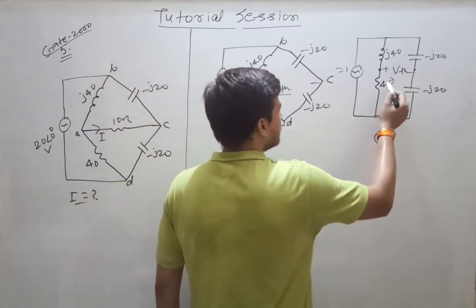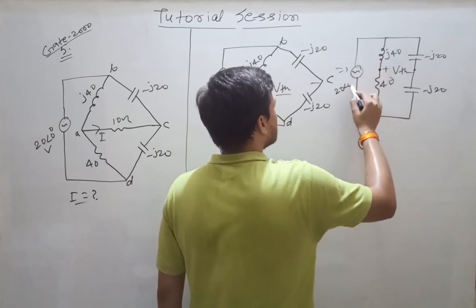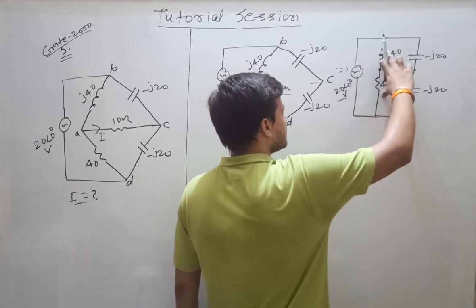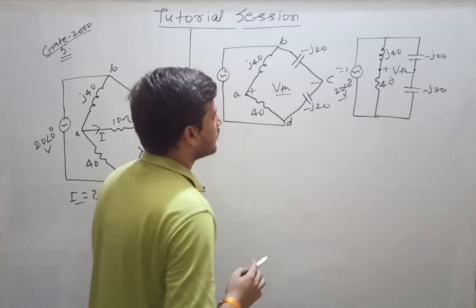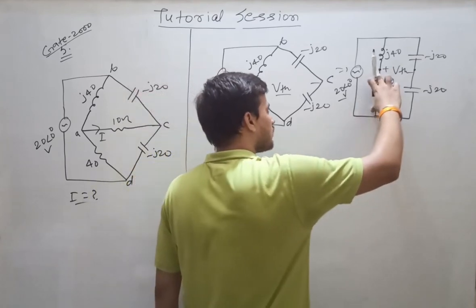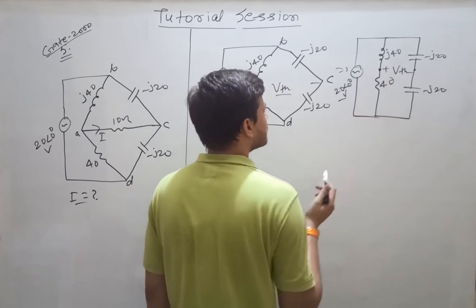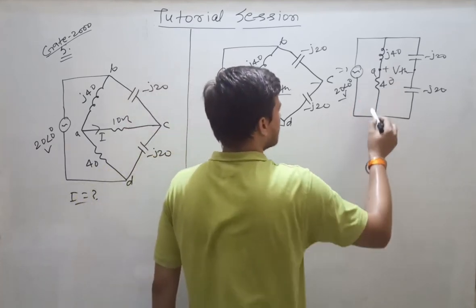See, there is the voltage source of 20 at the angle 0 degree volt, and it is connected across this impedance and it is connected across this impedance. Then if you find the voltage across this 40 ohm resistor, its name is AD.